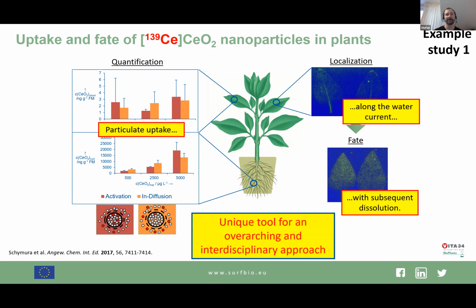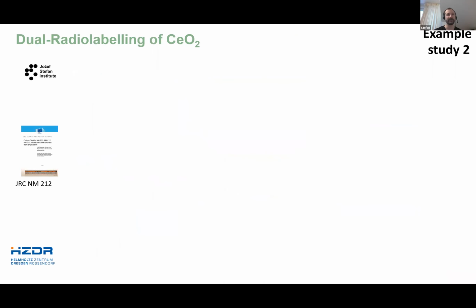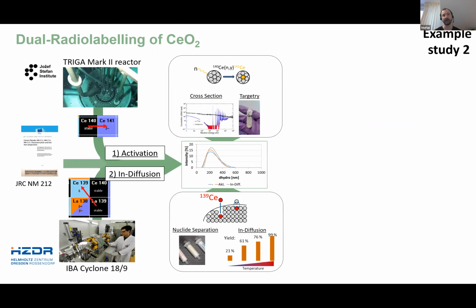Yeah. So another example where we took this to another level: we now have our dual radiolabeling of cerium dioxide. It's basically the same concept, but now we use different radiotracers on the same batch of particles.